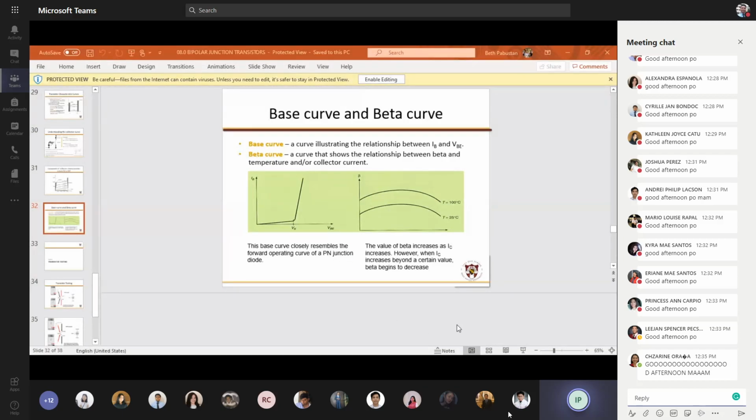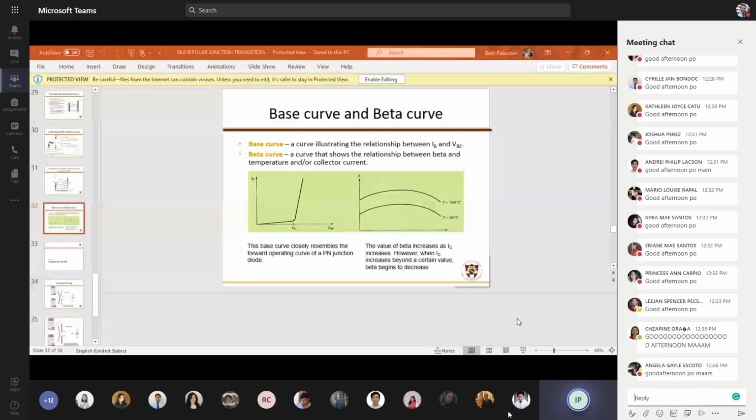However, when your IC increases beyond a certain value, which you can find from the data sheet, beta begins to decrease. So this one is for room temperature. This is for higher temperature, that is at 100 degrees centigrade. So we will proceed with 9.0. The next slide here is simply transistor testing, which you can do in the lab.